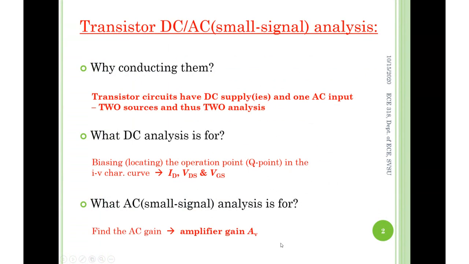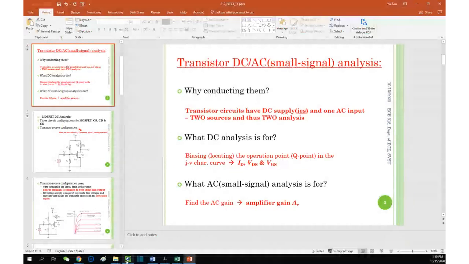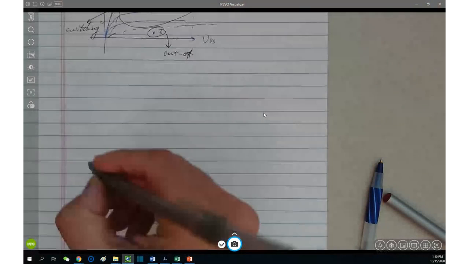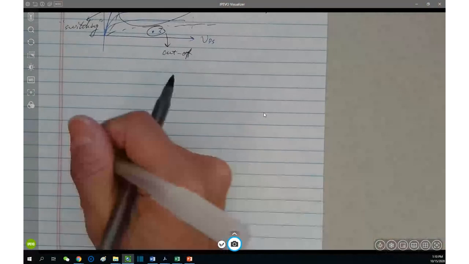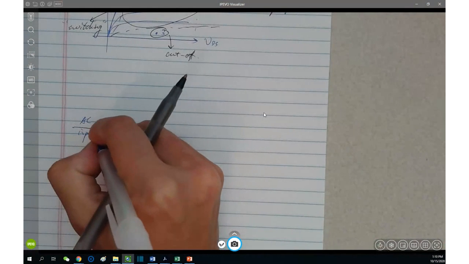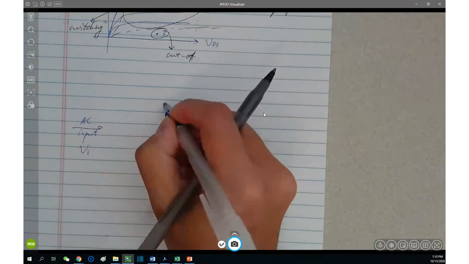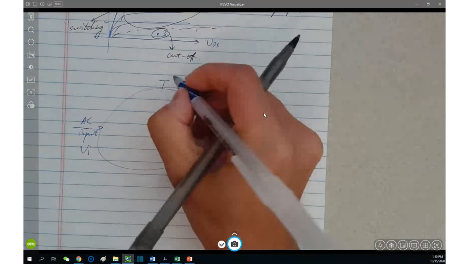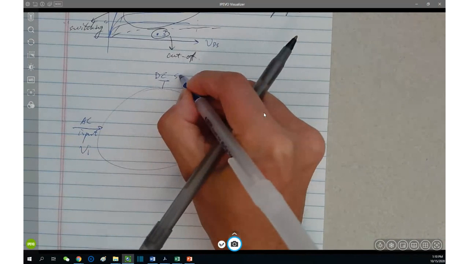Find the AC gain. Because don't forget that you have an AC input, VI. Then you have a DC supply.